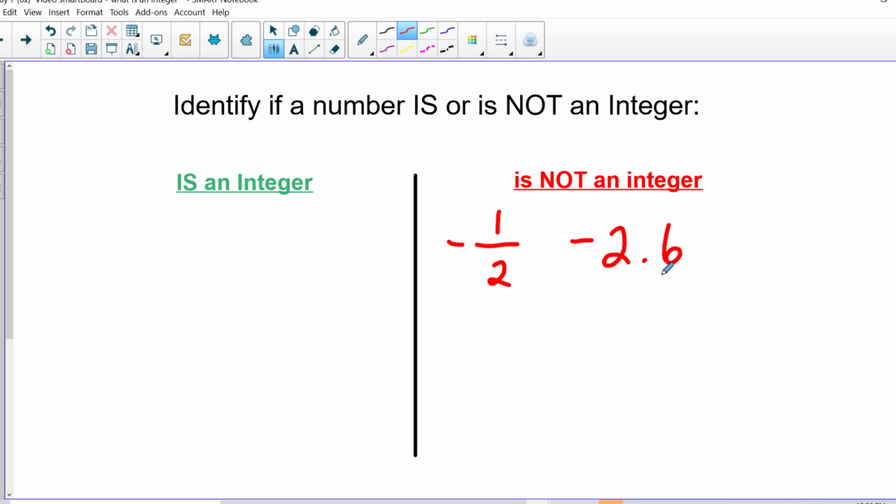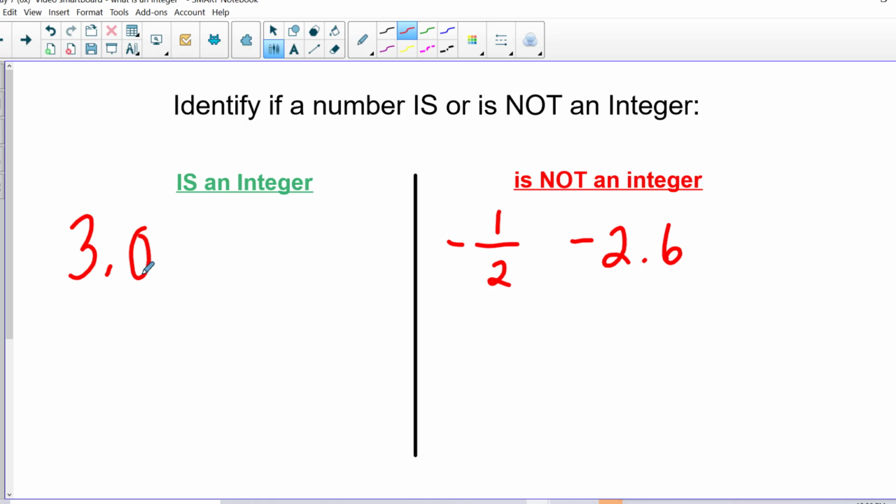So what are some numbers that are integers, but they might sort of be disguised, they don't look like an integer right when you first see them? So they're a little trickier. For example, what about 3.0? 3 and 0 tenths. Well, some people think, oh, well, there's a decimal. It must not be an integer.